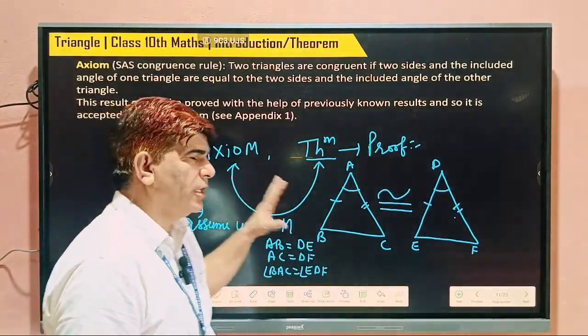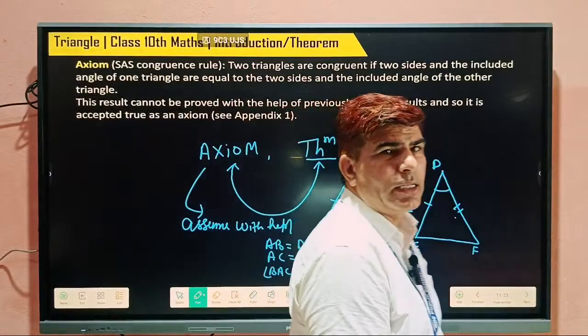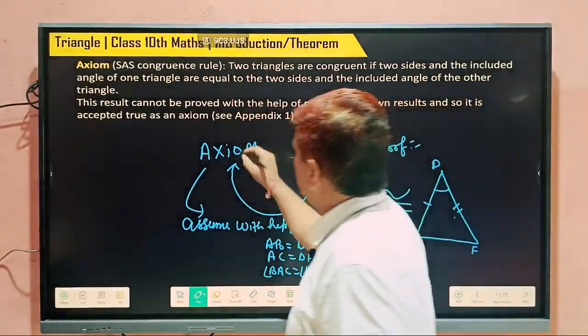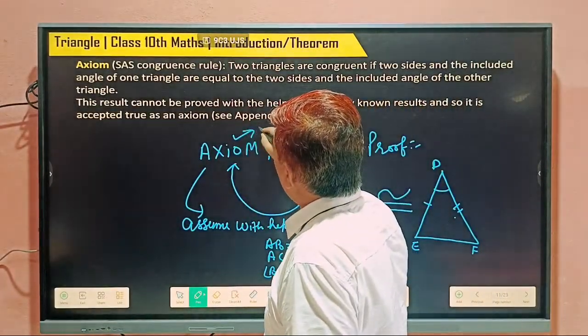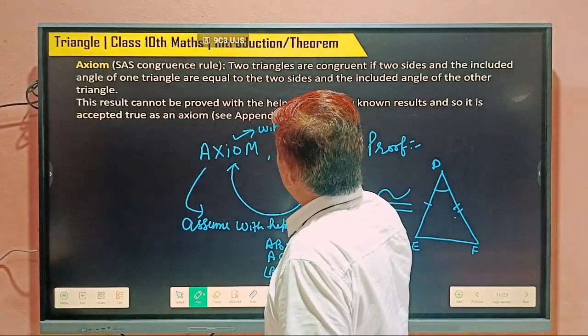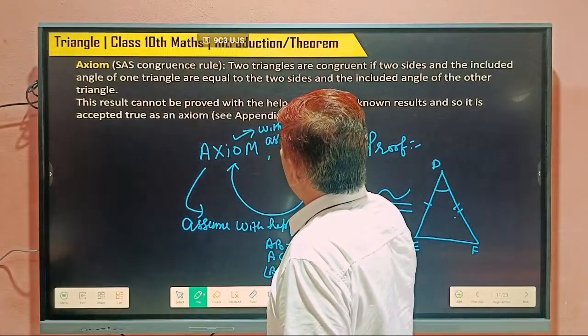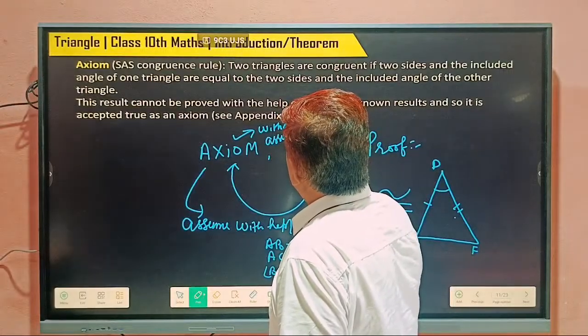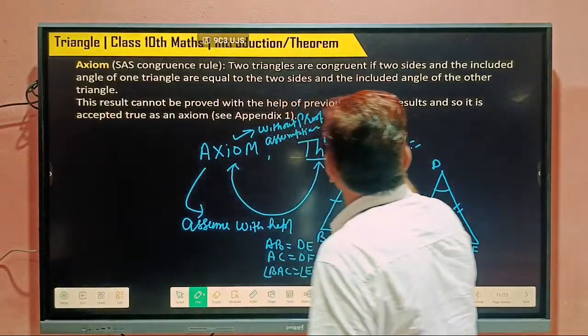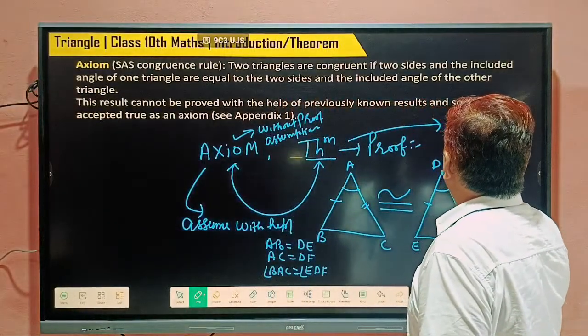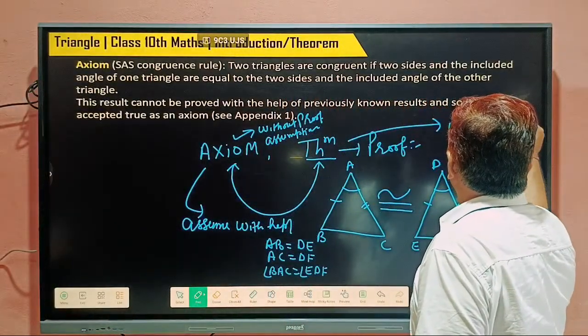So understand the difference between axiom and theorem. Axiom, meaning what? Without proof. Without proof, an assumption. Understood? Theorem is which needs proof.